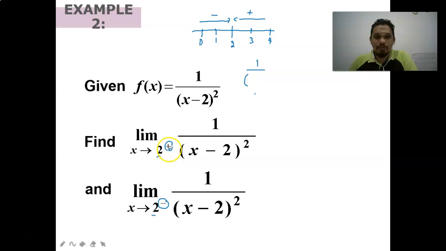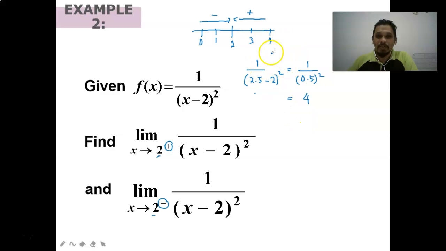Let's begin with x approaching 2 from the right side. Let's say 2.5. Then 1 divided by (2.5 minus 2) squared, 2.5 minus 2 is 0.5, so 1 divided by 0.5 squared equals 4.